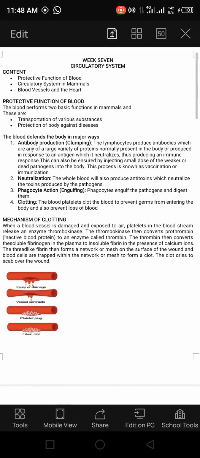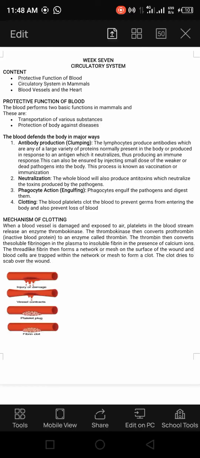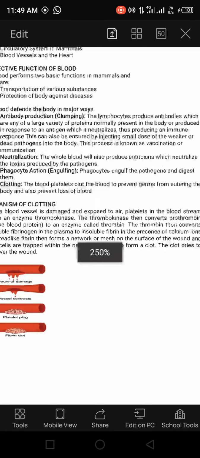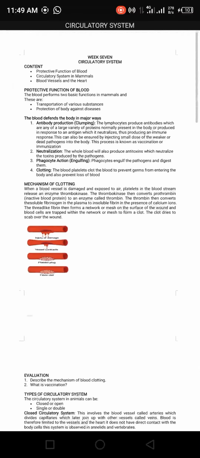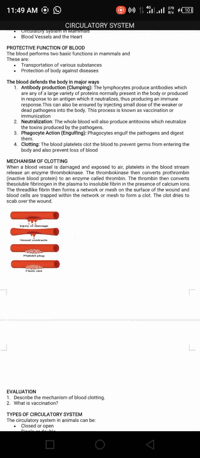This process is to prevent germs, like a layering, from entering the body, and also to prevent loss of blood. Imagine you have a cut, you have a bruise, and blood is just gushing out uncontrollably from that wound. That is very, very dangerous. So a process called clotting helps to prevent that loss.